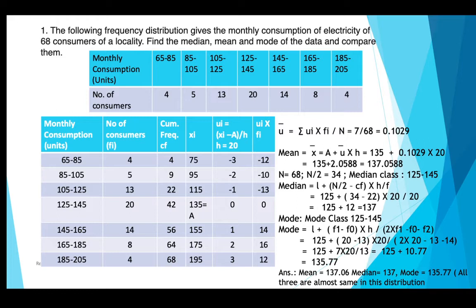So here L is 125, F1 is the frequency of the mode class, 20, minus F0 of the previous class, which is 13, multiplied by class width H, 20, divided by 2 times F1 minus F0 minus F2, that is 2 into 20 minus 13 minus 14, because 14 is the frequency of the succeeding class. So multiply and you get 135.77. So this is how you calculate mean, median and mode. Now in this distribution, they are almost similar.